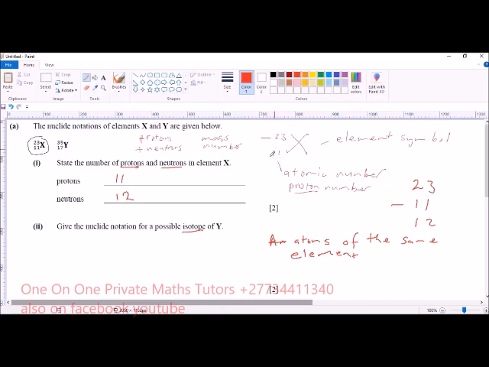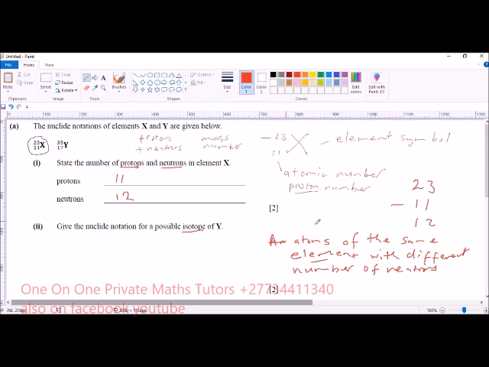If two atoms have the same proton number, it means they belong to the same element. So the number of neutrons may be different, but if the number of protons is the same, that means it is the same element. Okay.